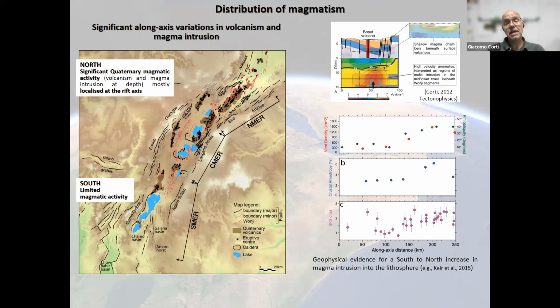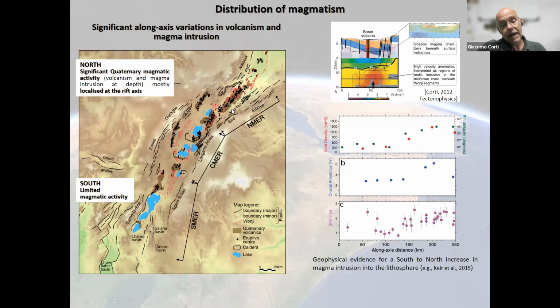And again, we have significant evidence for localized magma intrusion in the axial portion of the rift in the northern part of the main Ethiopian rift.